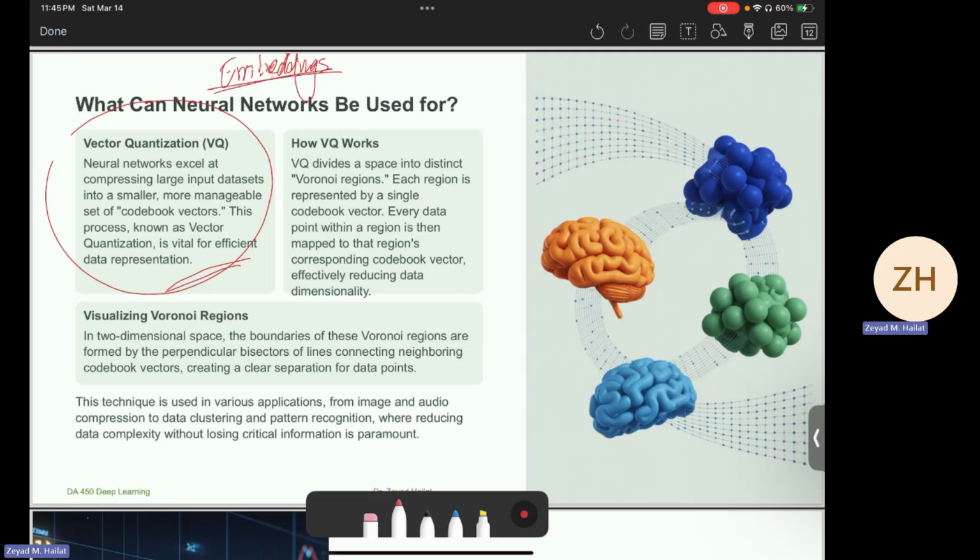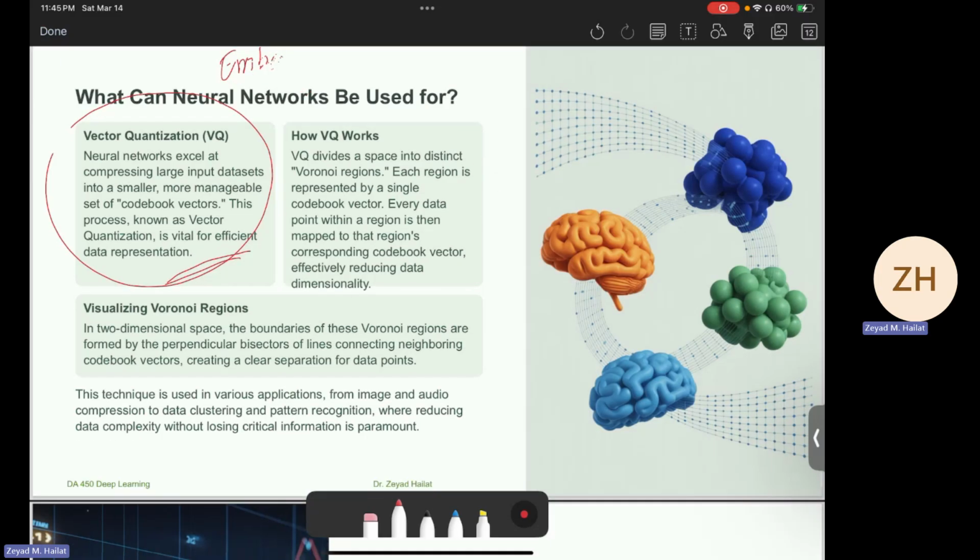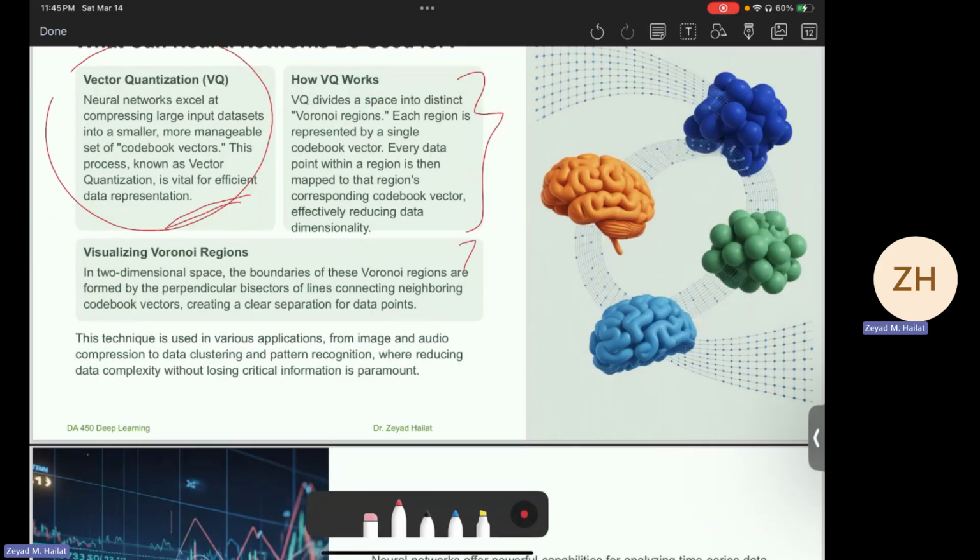You can use a neural network, and we will talk about it later on in this class. How does this work? You train a model, and this model can be used for extracting this quantization. You can also visualize these regions, and this can be used for identifying some important regions within your vector.